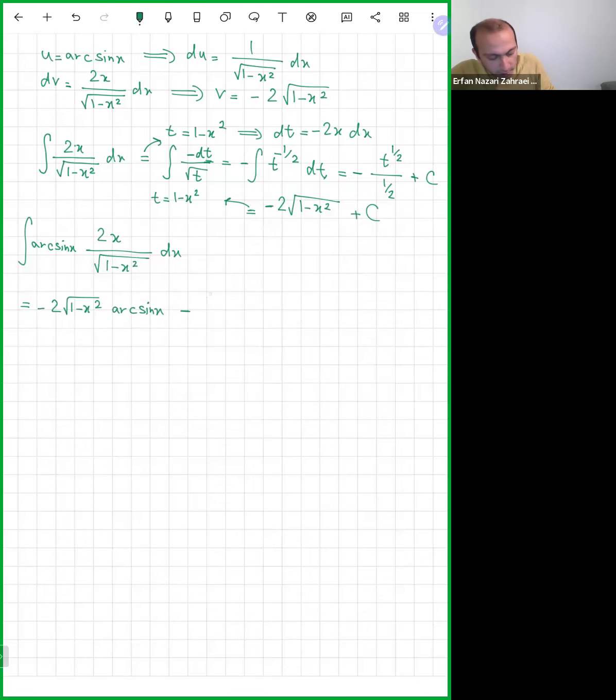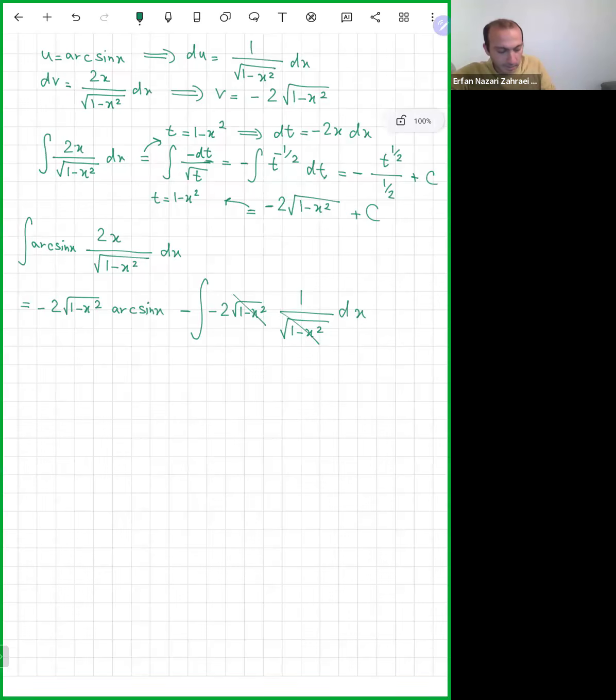Then minus integral v du. So it's minus 2 root 1 minus x squared. That's v. du is 1 over root 1 minus x squared dx.